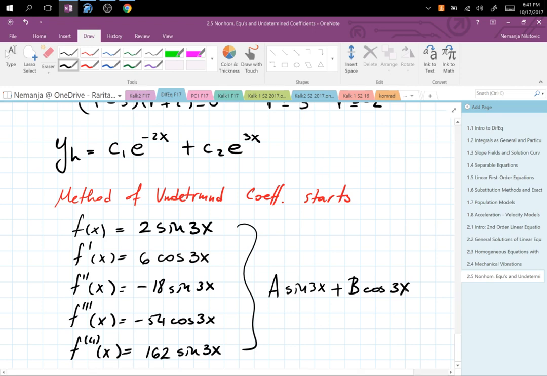This looks very similar to the imaginary pair with c1 sine dx plus c2 cosine dx. Yes, because sine and cosine are both defined through imaginary numbers.